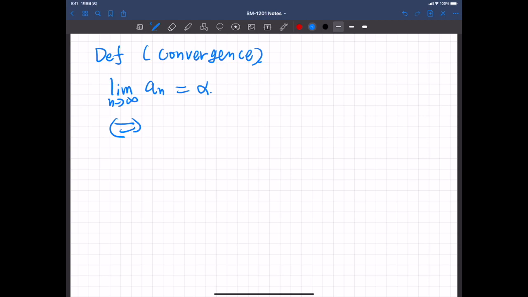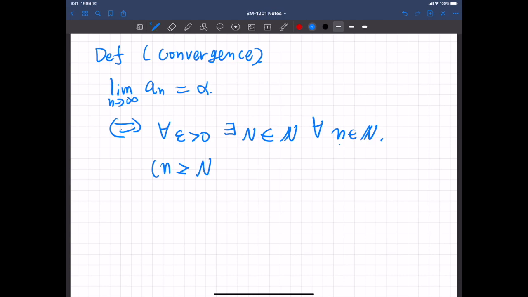That means for any epsilon, which is a positive real number, there exists a natural number N such that for any natural number lowercase n, if this lowercase n is greater than or equal to the uppercase N, then |a_n minus alpha| is less than epsilon.